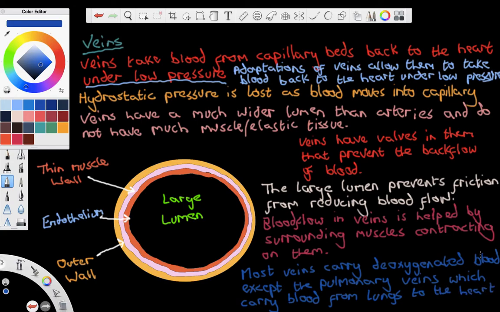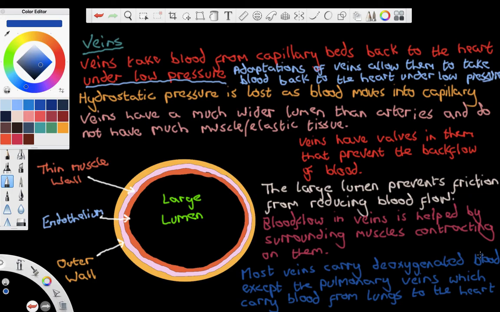So the veins take blood from capillary beds back to the heart under low pressure. Their adaptations allow them to overcome the fact that blood is under low pressure within them. The hydrostatic pressure found in the arteries is lost in the capillary beds, and therefore the blood in the veins is under low pressure.